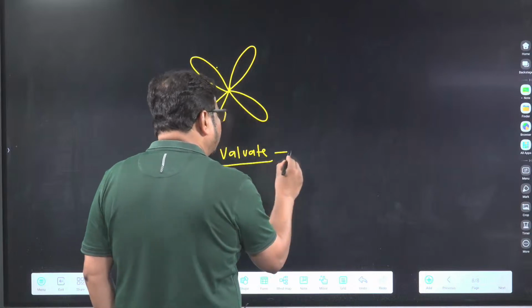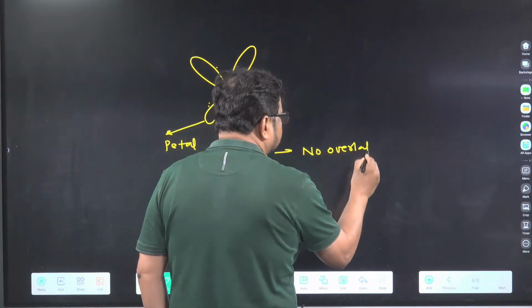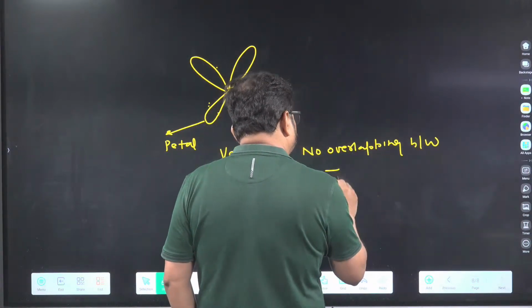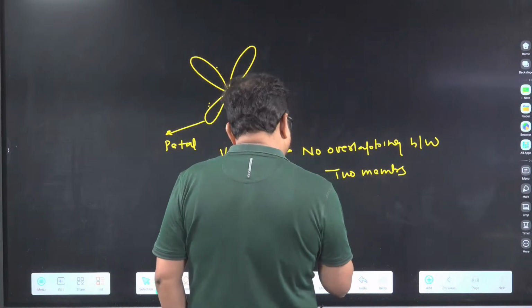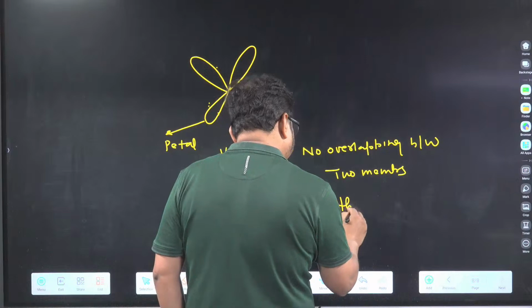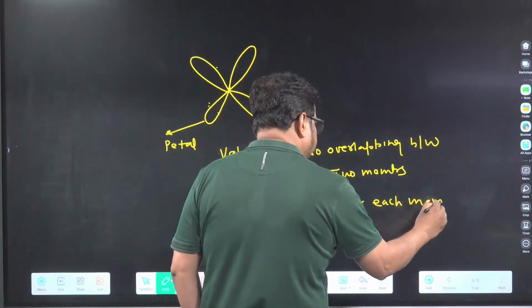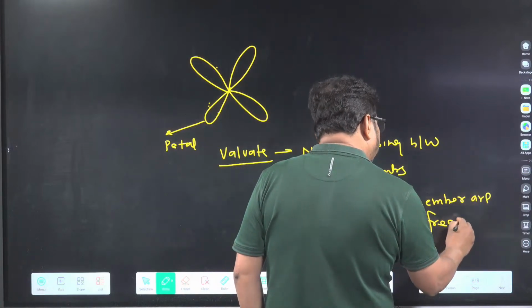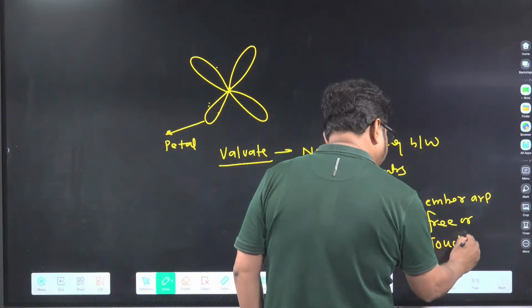In valvate, there is no overlapping between two members. Either each member is free or touching each other. Touching is okay.